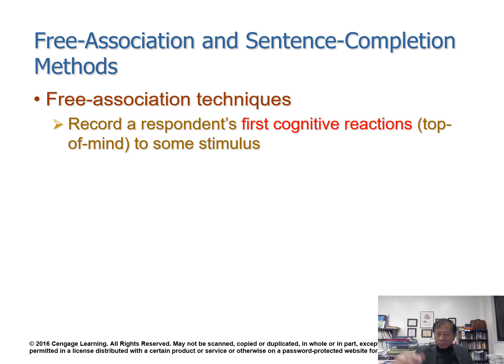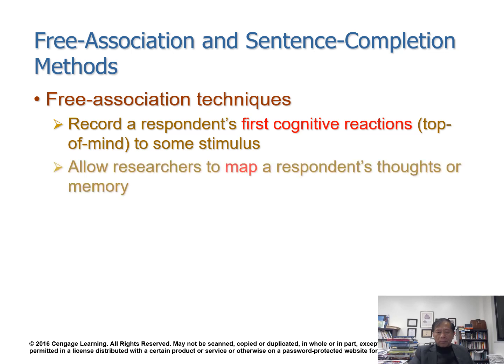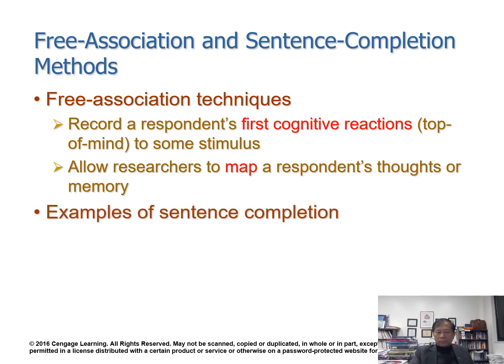Ask them to think of something: what does this bring up, what does it make them think of, and what kinds of associations will they bring up? It allows researchers to map a respondent's thoughts or memory. That's free association.